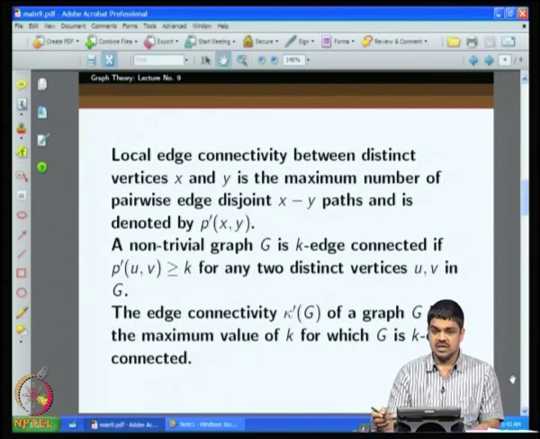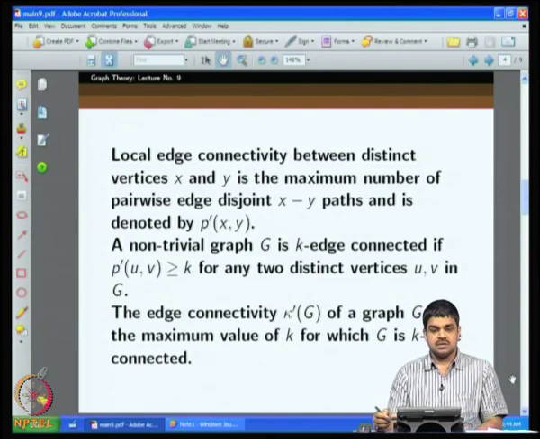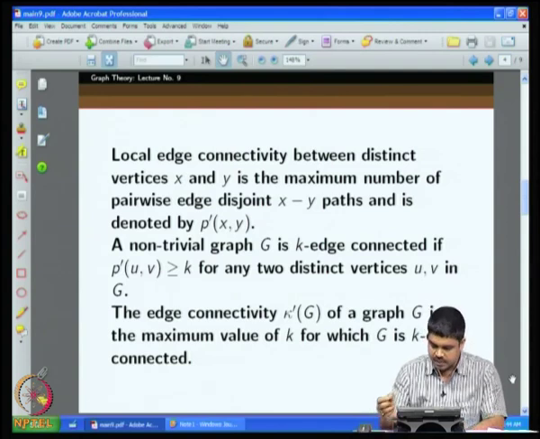This is another notion to define the edge connectivity, and then we will show that both these notions are equivalent. So, we will come back to these notions later again.